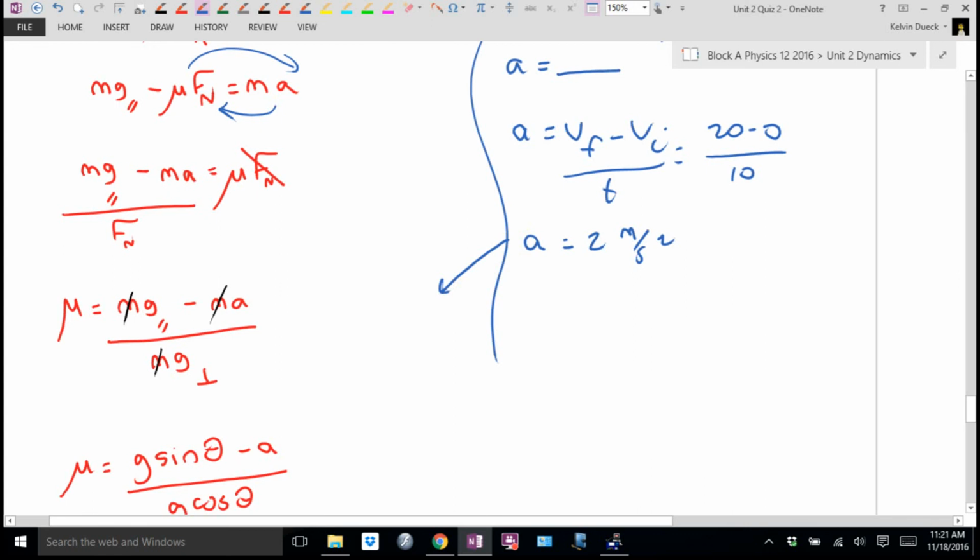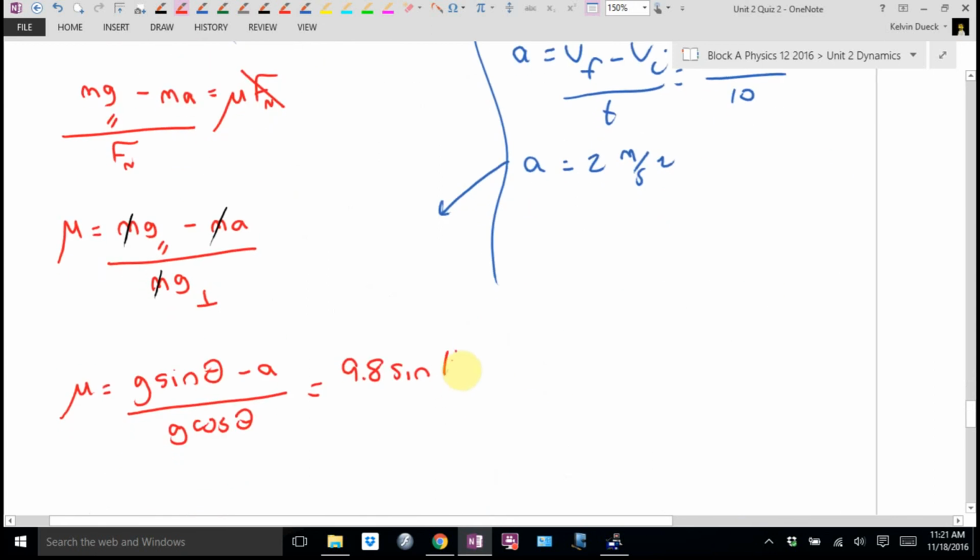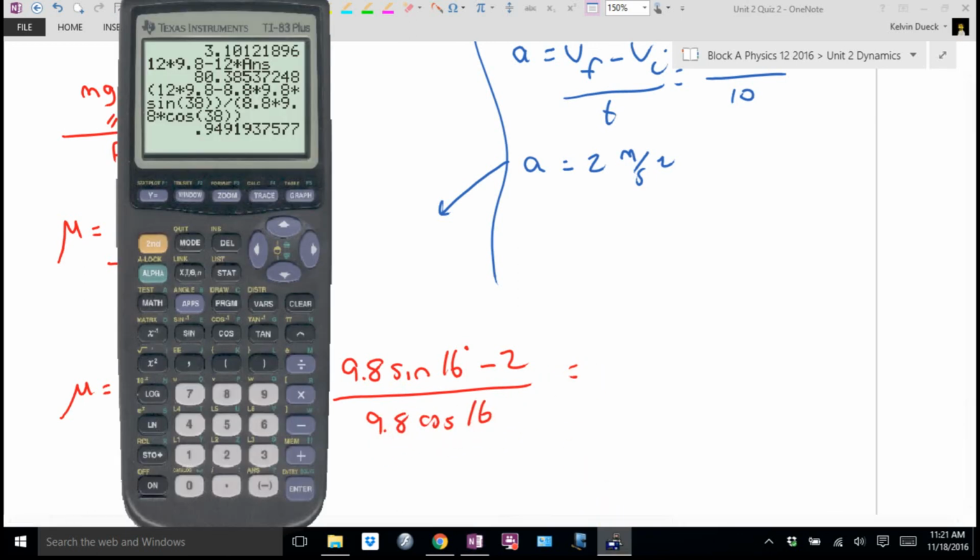Plug that in over here. 9.8 sine theta, which was 16 degrees, minus 2 all over 9.8 cos 16 degrees.